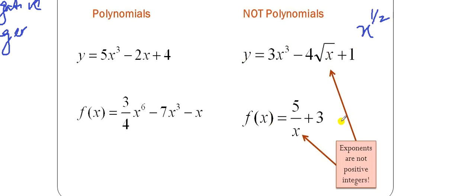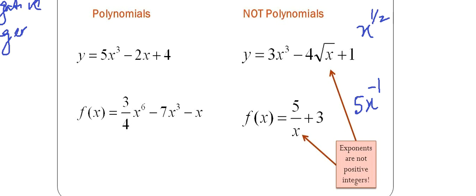Similarly here this is 5 over x, which I can write as 5x to the power negative 1 using the laws of exponents, and so the exponent is not a positive integer, hence this is not a polynomial. So it is just an expression, but not a polynomial.